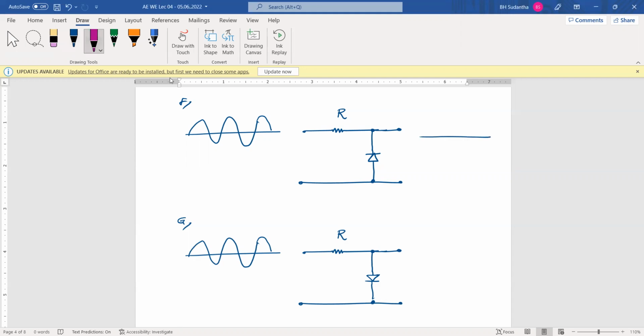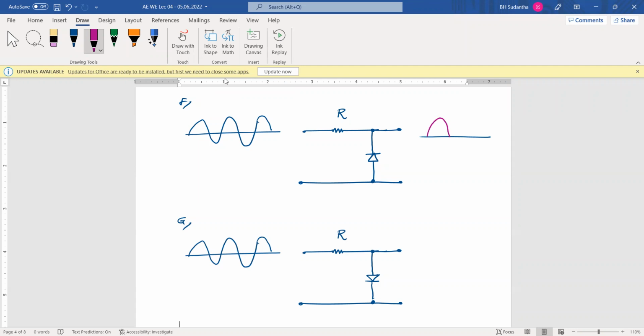Here, when you receive the positive cycle, this diode is reverse biased. Because of that, there is no path for the current to go that way. Because of that, the entire positive half cycle will be received.